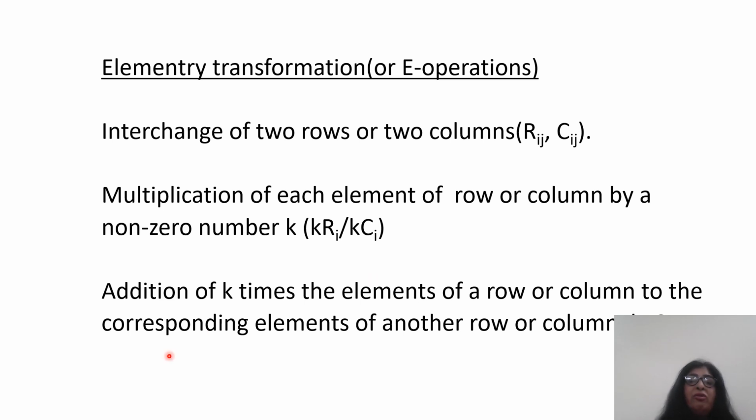The third elementary transformation is addition of k times the elements of a row or a column to the corresponding elements of another row or column. For example, let us see over here.